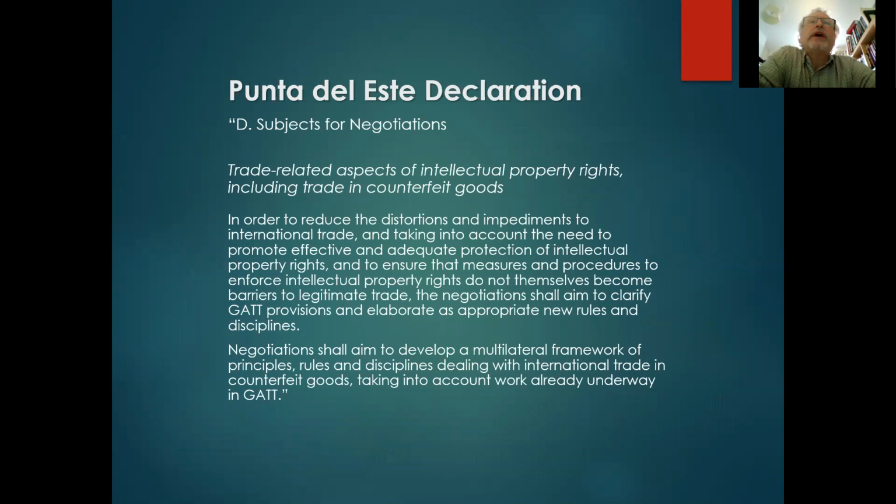Now, if you go back to 1986, the beginning of the Uruguay round, that's something I did mention before, but it is worth mentioning now, that the Uruguay round was launched in a place called Punta del Este in Uruguay, hence the name Uruguay round, where the parties to GATT met to agree on the agenda for negotiations for the new trade round.